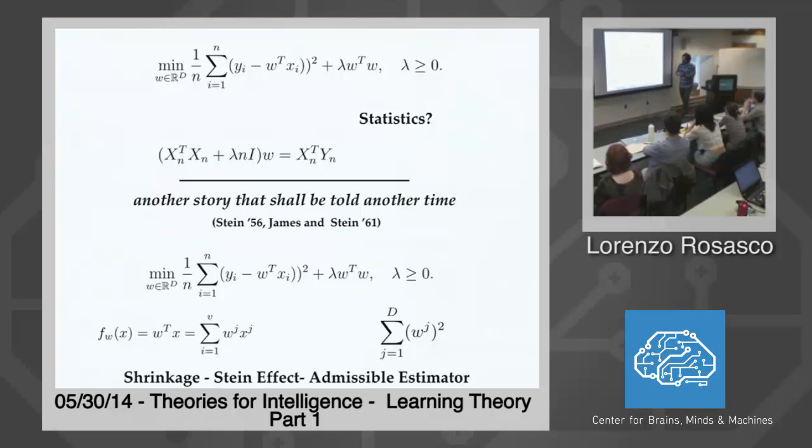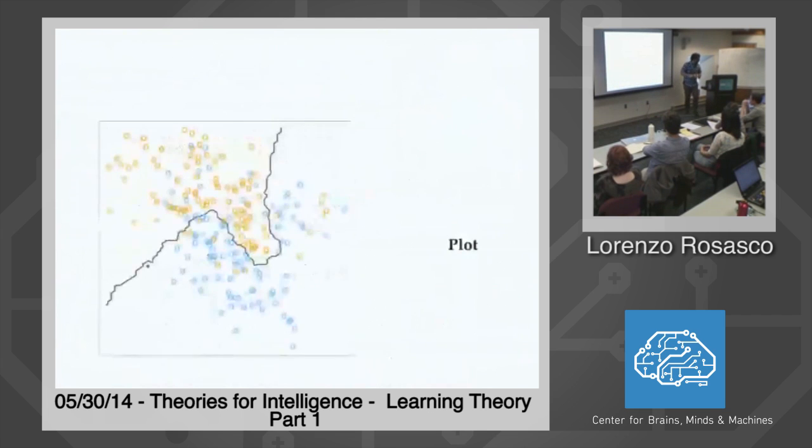Here I'm just going to tell you the keywords, and the keywords are the idea of so-called admissible estimators in statistics, the so-called Stein effect, given by the name of a person who first figured it out, and then this idea of shrinkage. That's how a lot of statisticians will call something like this. They will call it shrinkage, and the justification will not be numerical stability, but in fact would be the result by Stein. Okay? So I hope I make you curious enough.